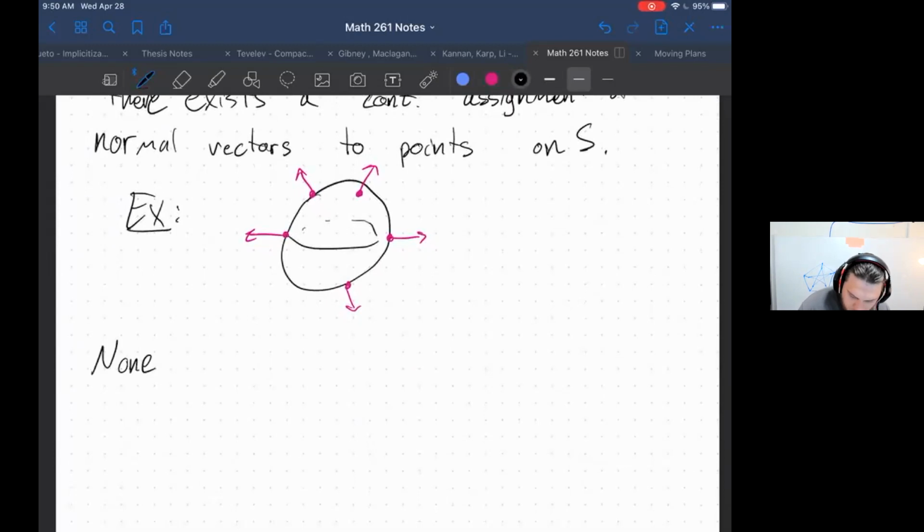A non-example, and everything that we've ever worked with so far in this class is an orientable surface. Except this non-example and one other non-example that I will point out, those are the only 2 times that we will ever see something that is non-orientable. So this is a point that we should pay attention to, but we're not going to care about.